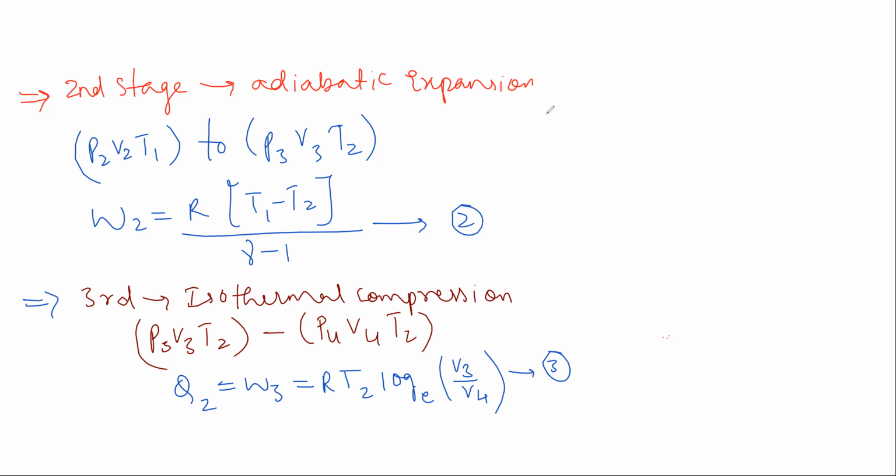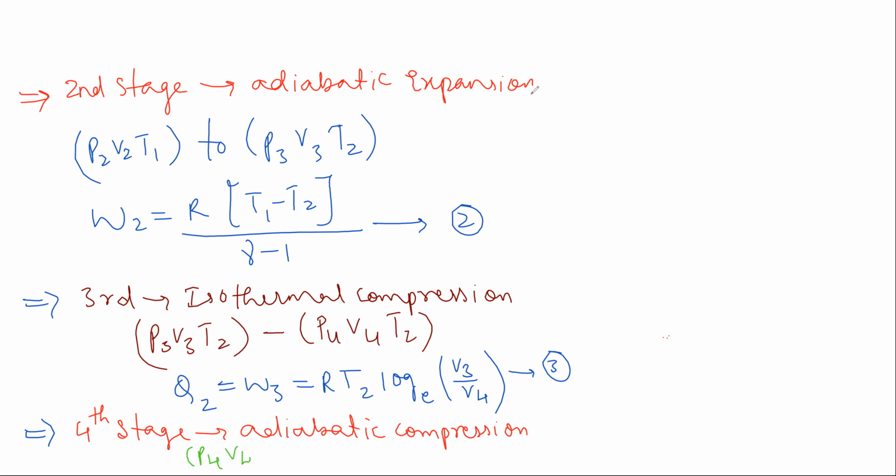The fourth stage of the Carnot cycle is adiabatic compression. In adiabatic compression, 1 mole of gas is taken from P4, V4 and T2 to P1, V1 and T1.